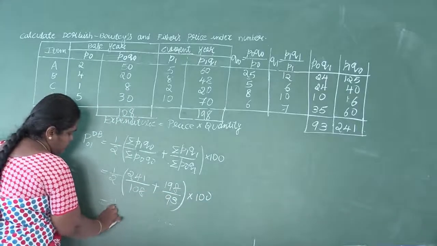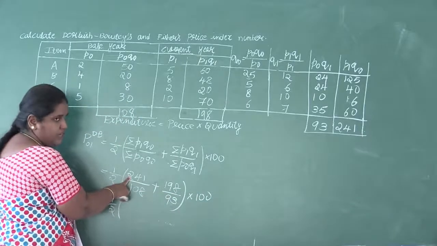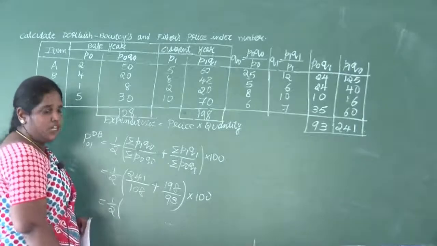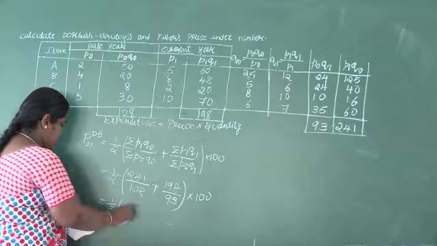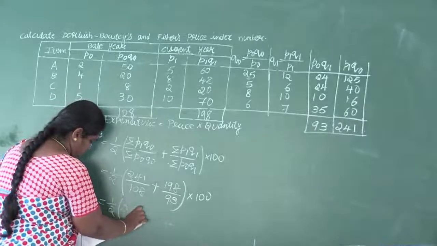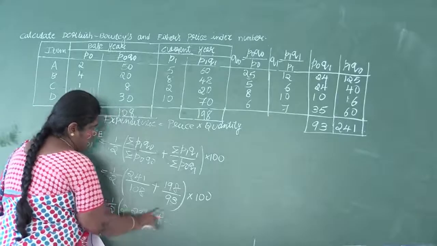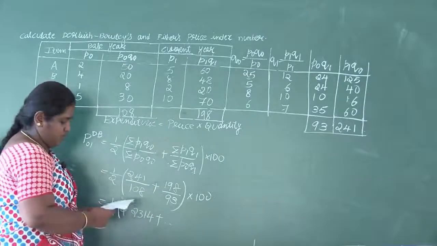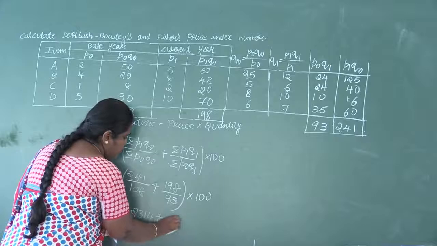Then 1 by 2 into, first we divide 241 by 108, taking 4 numbers after the decimal. We get 2.2314, plus as it is. Then 198 and 93 we divide. We get 2.1290.